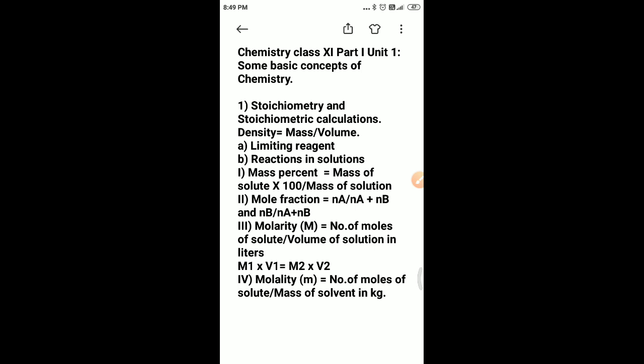We'll take one example: combustion reaction of methane. Methane, CH4, is a gas. To CH4 we add two molecules of oxygen, 2O2, which is a gas.